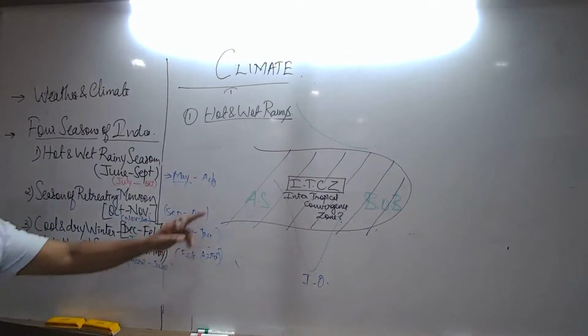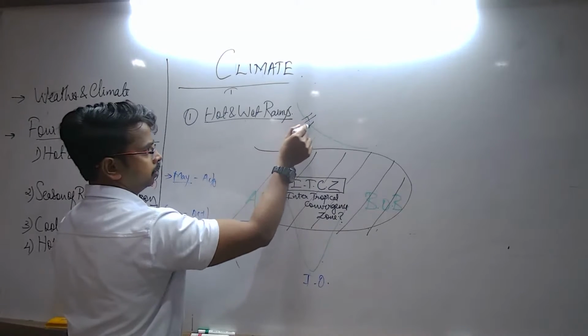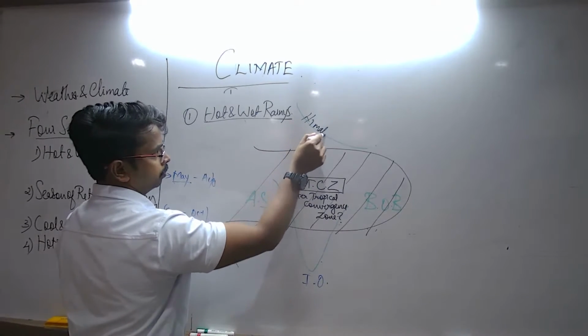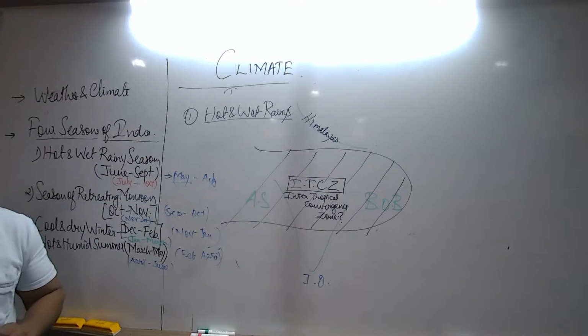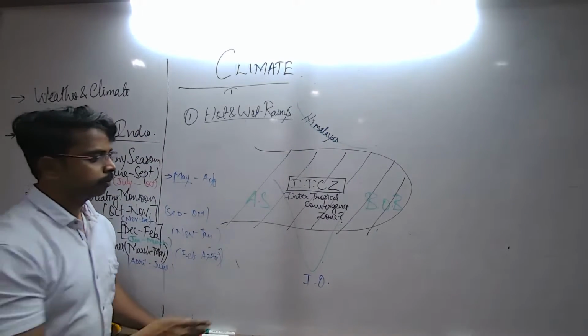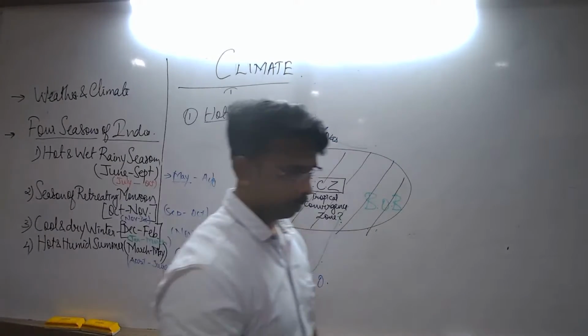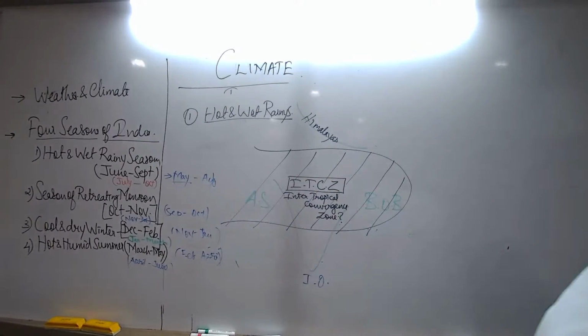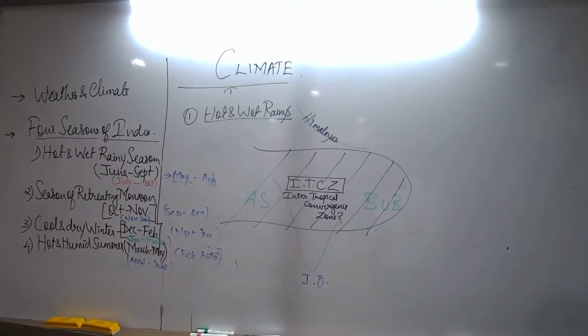Draw a small peninsula, make that Himalayas. This is our Himalayas. Peninsula becomes like a tube.